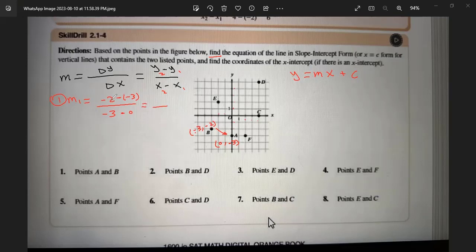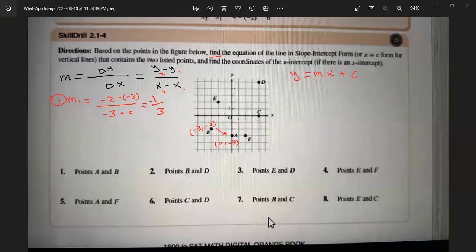By calculator directly, negative 5 over 3. No, I'm sorry. It's negative 1 here over 3, negative third. Can you check? I can check by calculator. You too can check by calculator as well. Okay, so the slope here is negative third.